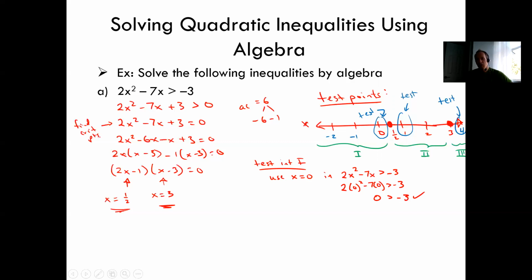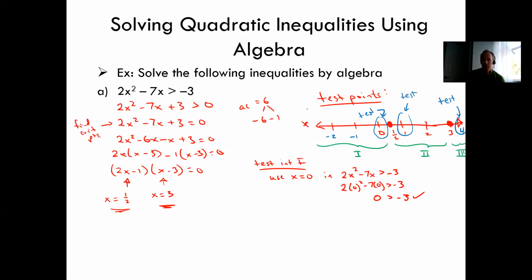Yes, it is. So what that has told me is that 0 is a value of x that satisfies this inequality. Because I know the critical points are at 1/2 and 3, I know that until you cross over a critical point, any point in the interval will also be a solution.